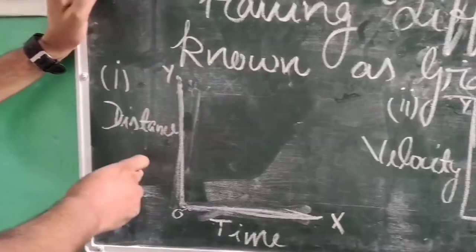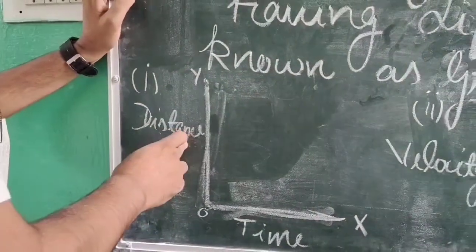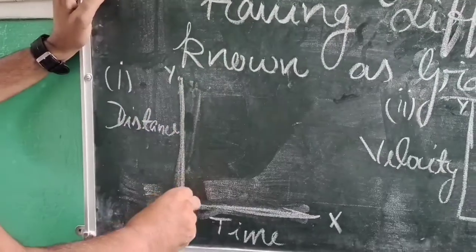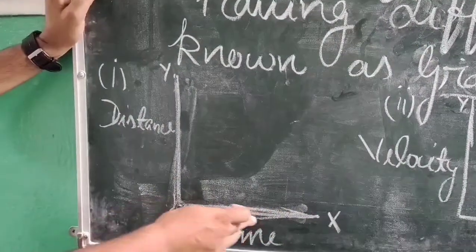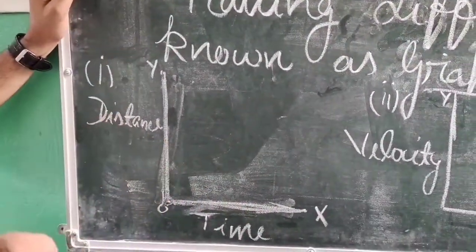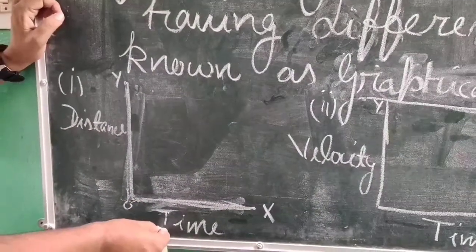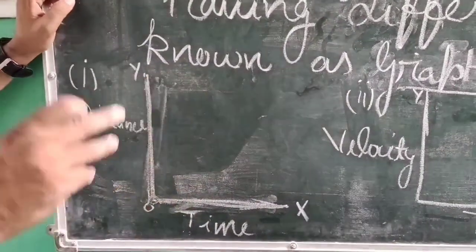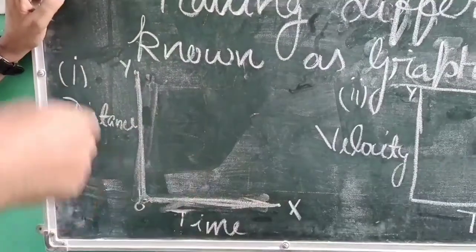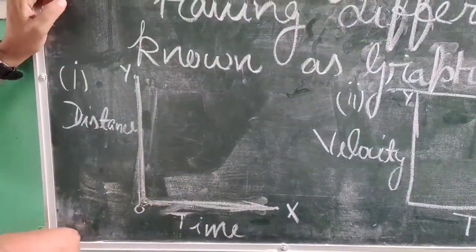So with the help of this graph, we can get the relation between distance and time. And with the help of this, there is another physical quantity that we can get, which is speed.